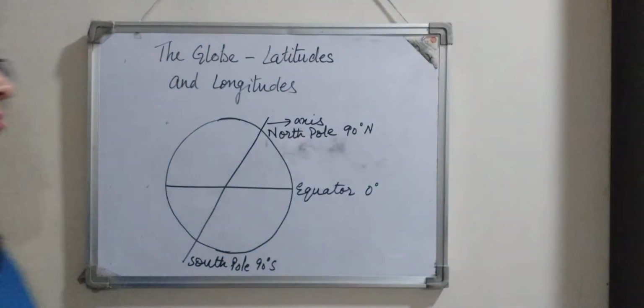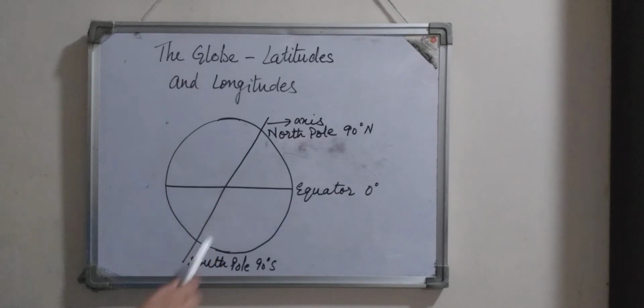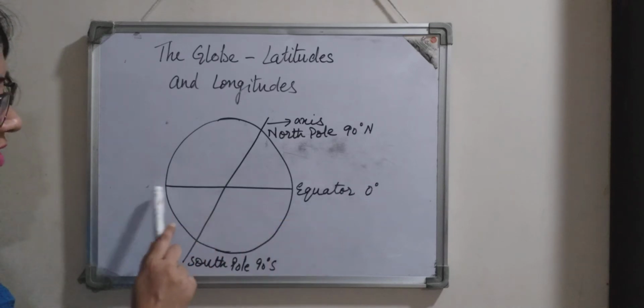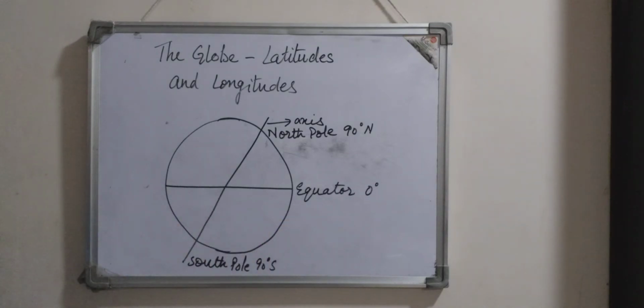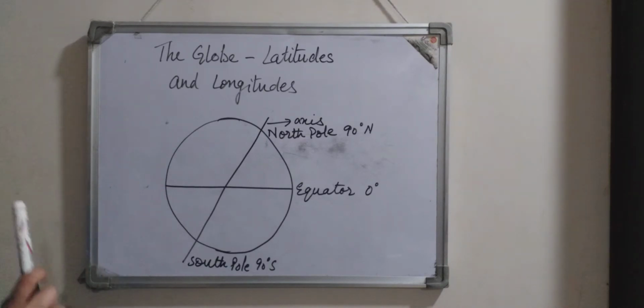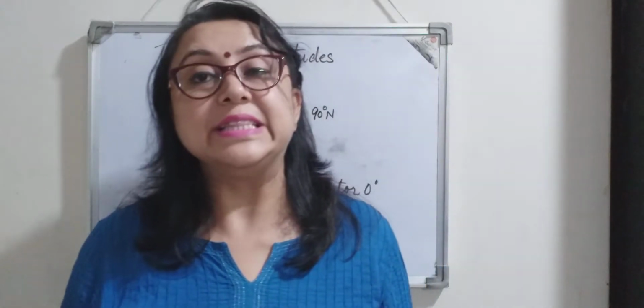Next we will talk about the other imaginary lines which are there on the surface of the earth.